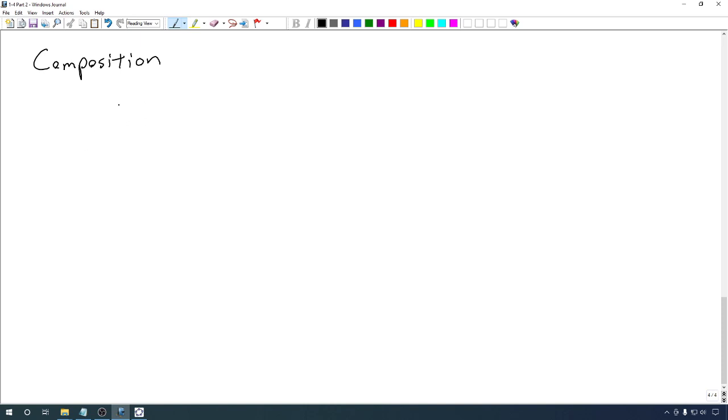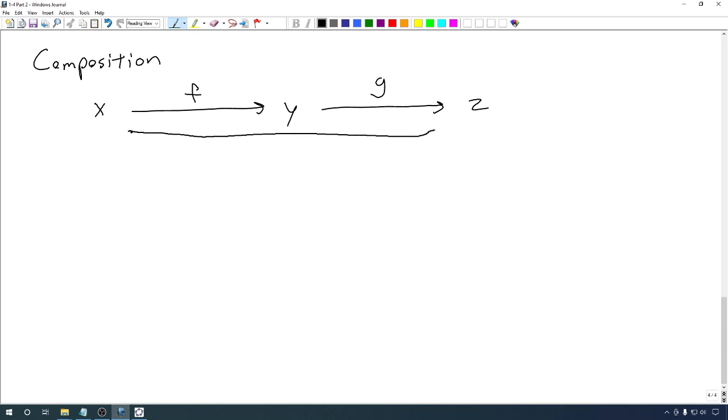If we think of a function as a machine that takes a variable in and eventually spits out another variable, we could say we take that new variable and plug it into the machine of another function and output a third variable. Let's say z, just to follow the pattern of x, y, z. So this new function would basically go from x to z, where we just ignore the fact that we went through y.